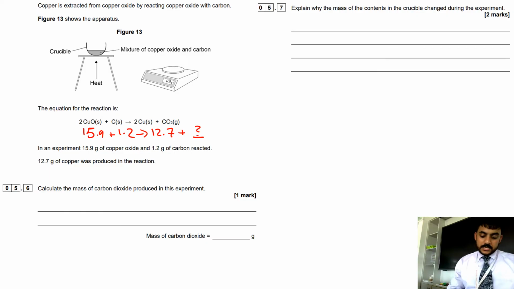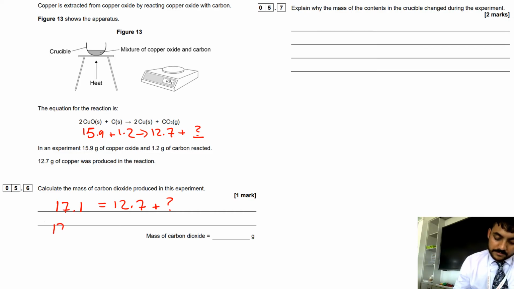Using our calculator, we do 15.9 plus 1.2, which is 17.1, is equal to 12.7 plus something. That something is 17.1 minus 12.7, which happens to be 4.4 grams.